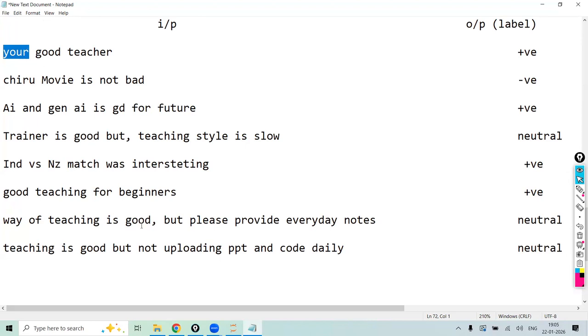How many times is your there, guys, in this entire one? Only one time. And that one time was in the positive two only, right? Now, for example, let's take the one sentence Dilip has given here.